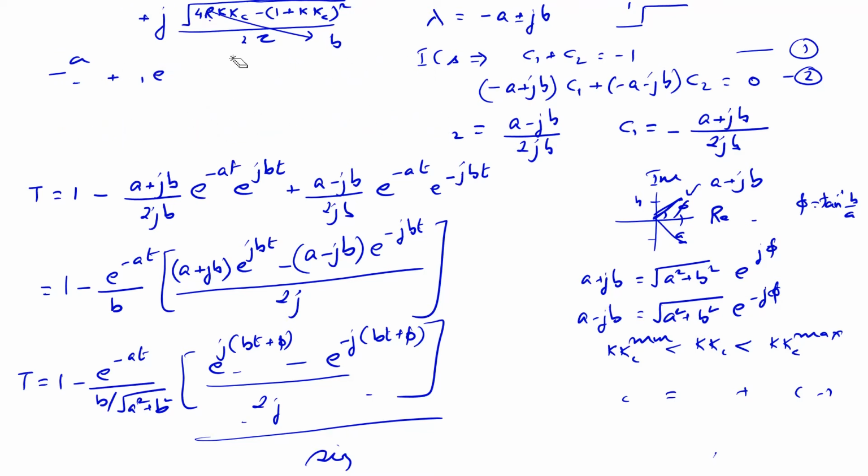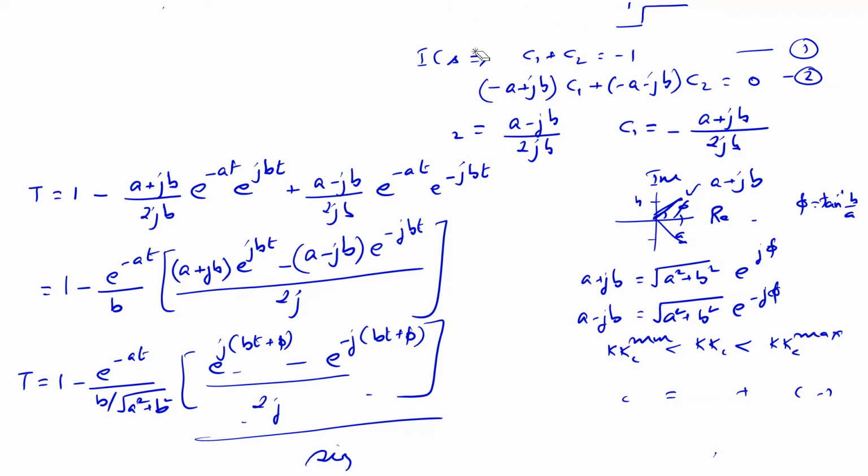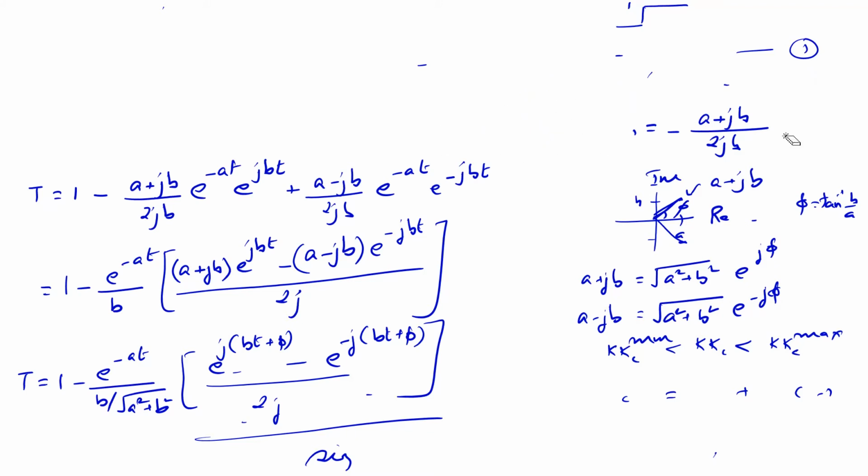So if a second order system with complex conjugate roots for the characteristic equation is forced by a unit step, then the dynamic response is given by, let's quickly take a look at that.